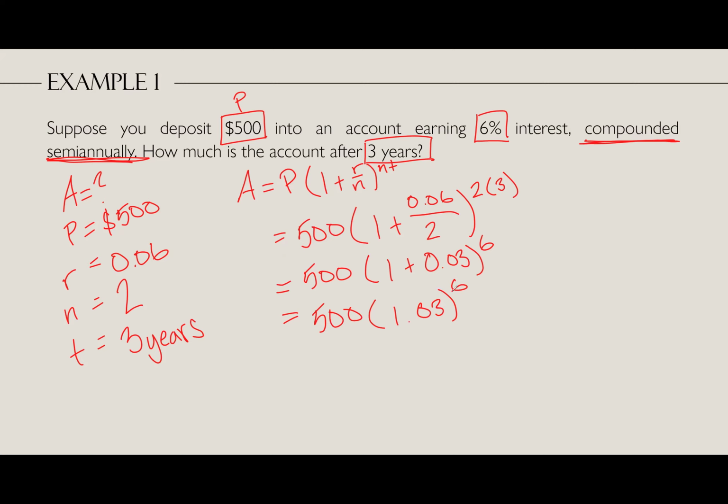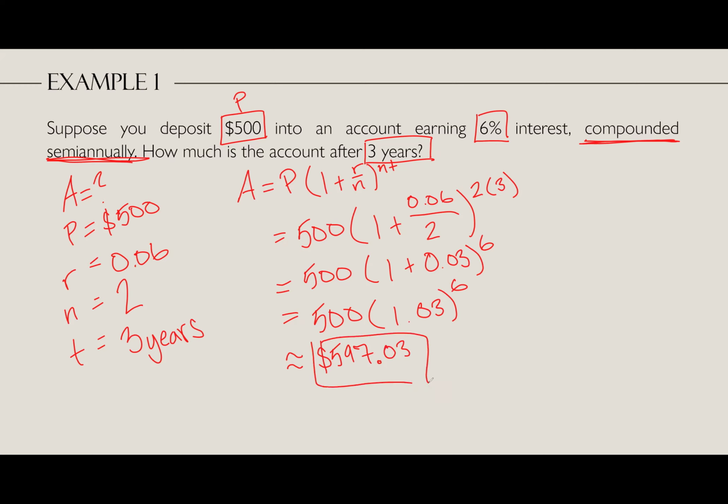Now from here, I can be a little bit more comfortable putting this into my calculator. If I did my calculations correctly, we should be getting approximately $597. And if I round to the nearest cent, it's 3 cents.